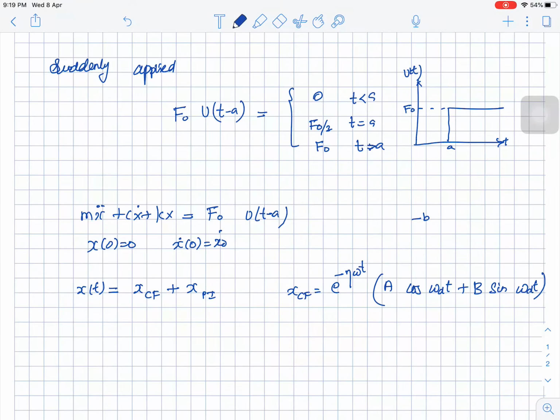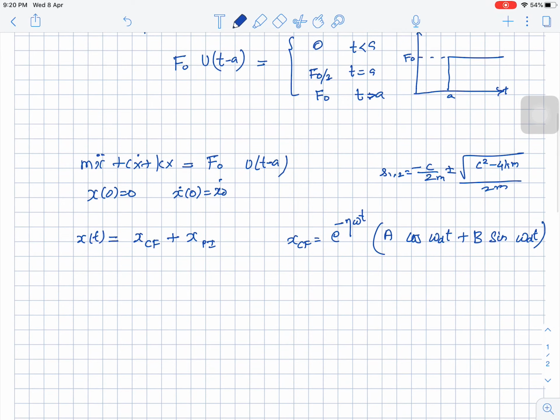The roots are minus c divided by 2m, plus or minus root of c square minus 4km, divided by 2m. So now from this we will get this equation. So let's go to the particular integral.